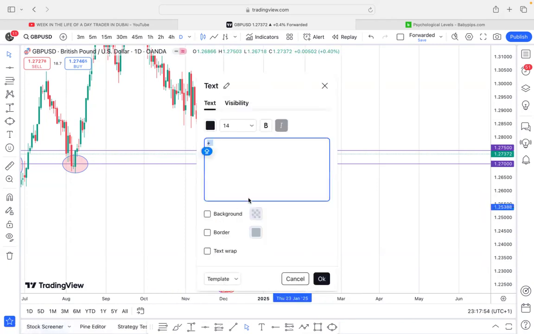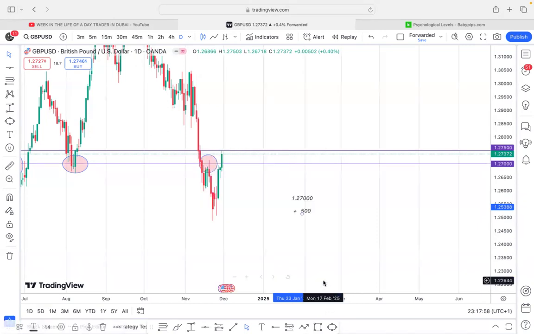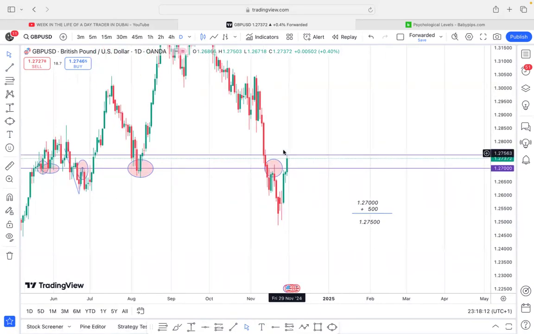So what do we do? Add 50 pips to it. When we put it there, what are we going to have? 1.27500. Boom. You can see that's the next psychological level that we have.